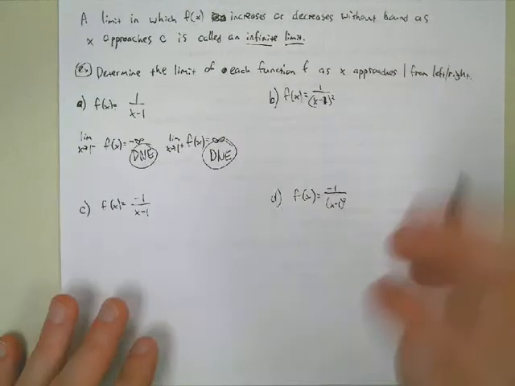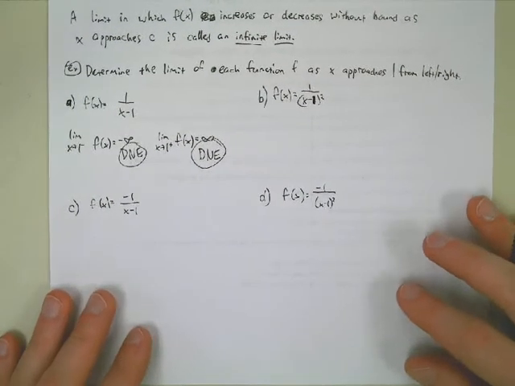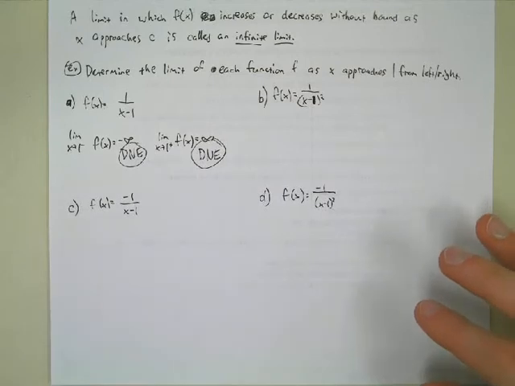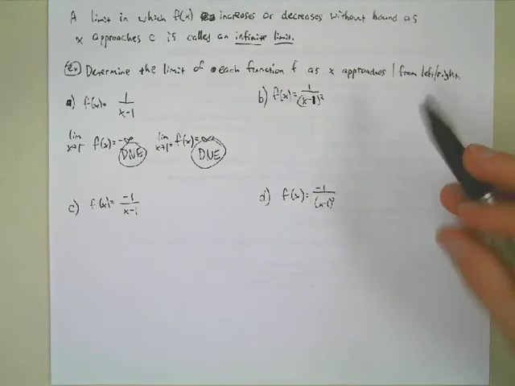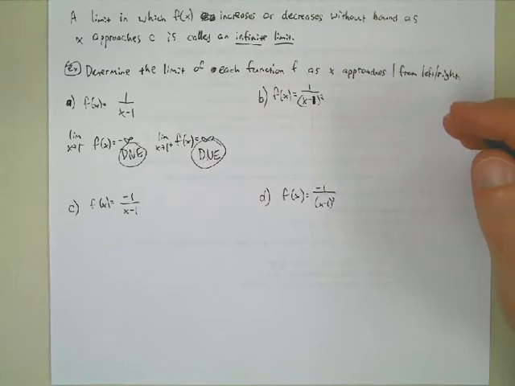Okay, so again, determine the limit of each function f as x approaches 1 from the left and the right, and you may use your graphing calculators to help you with that. Yep, still approaching 1. Yeah, the directions are true for all of these. All of them are going to be approaching 1, from the left and from the right.